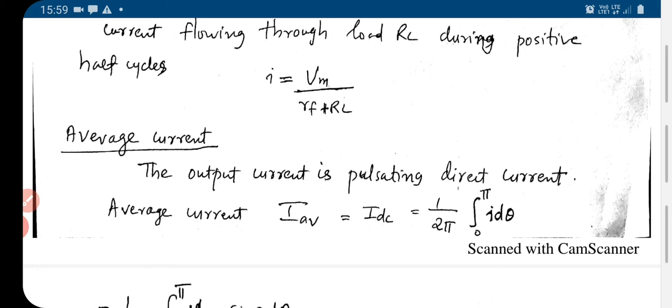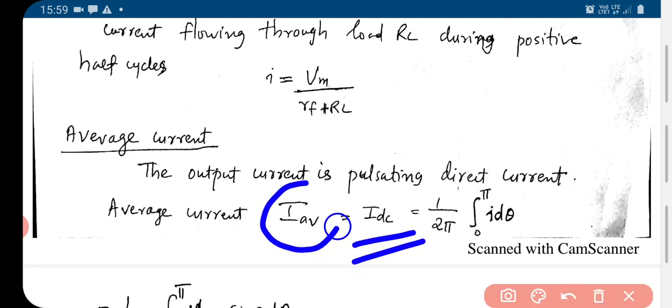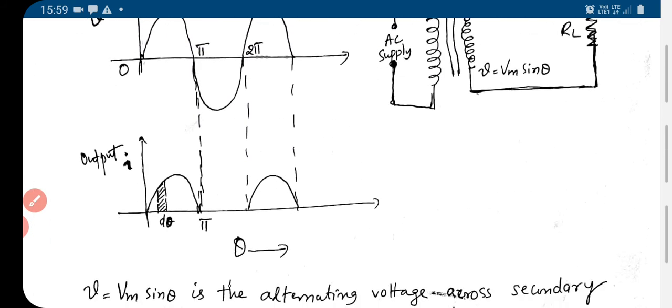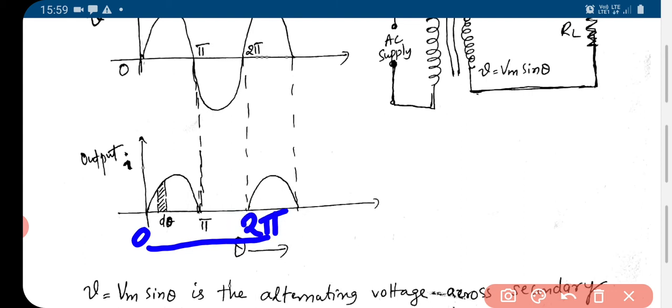Now for calculating the DC power output, we need the DC current, which is actually the average current. If you are taking 0 to 2 pi, there is current only from 0 to pi. From pi to 2 pi, the current is 0.